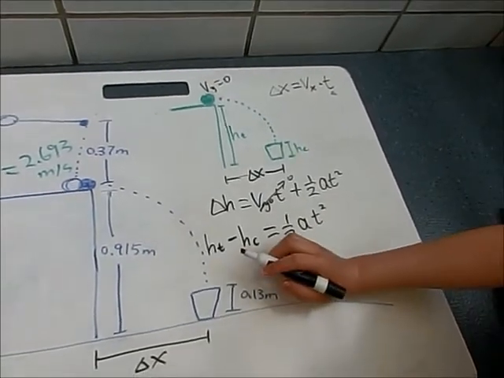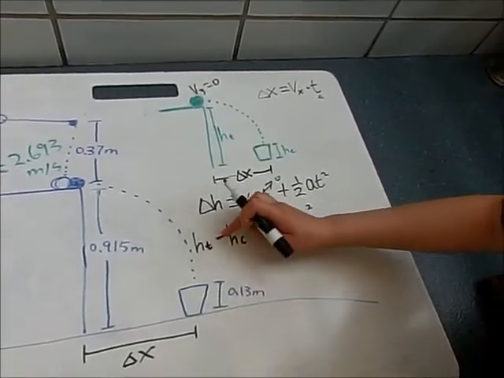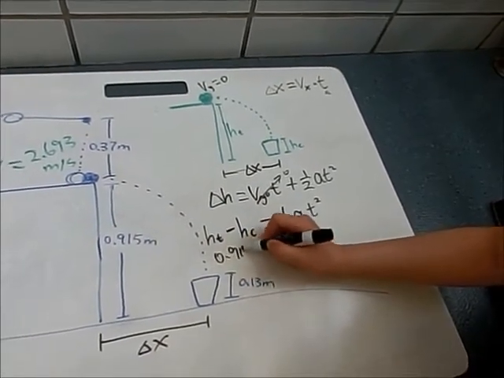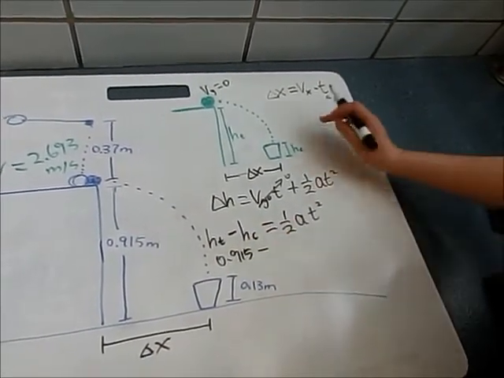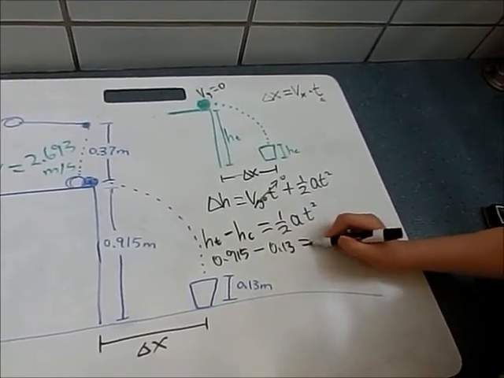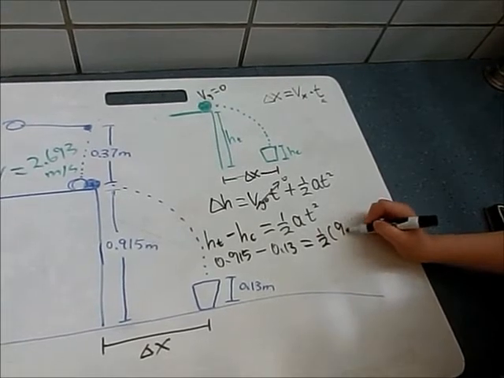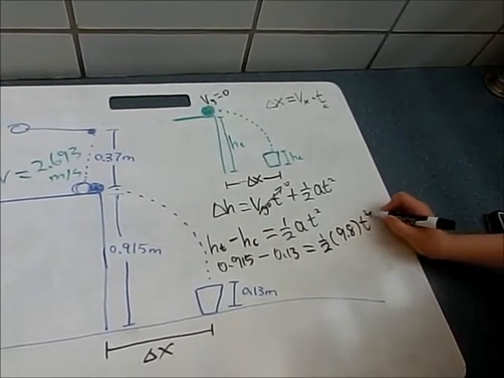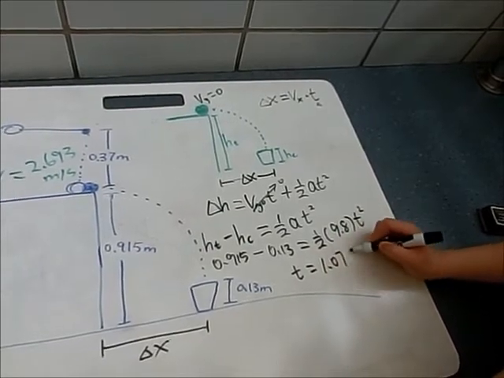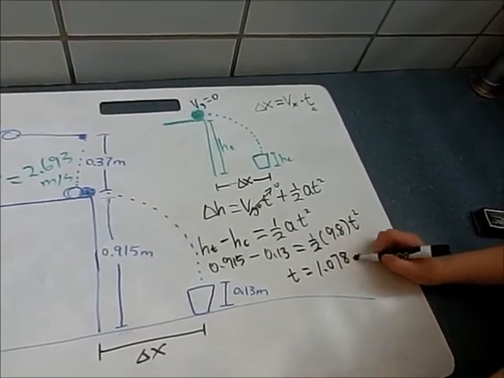And let's plug in the numbers. The height of the table is 0.915 meters, and the height of the cup is 0.13 meters. It equals 1/2 times 9.8 times t squared. And we got t equals 1.078 meters. I mean seconds.